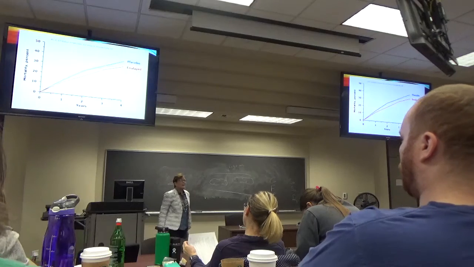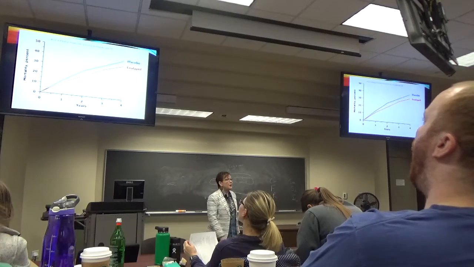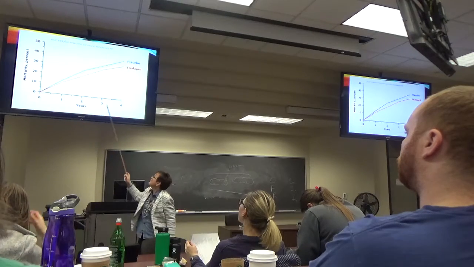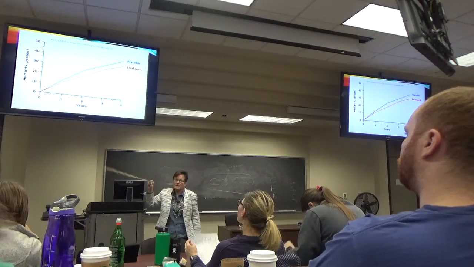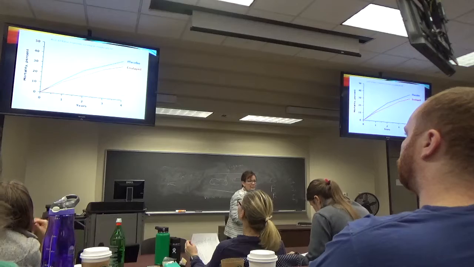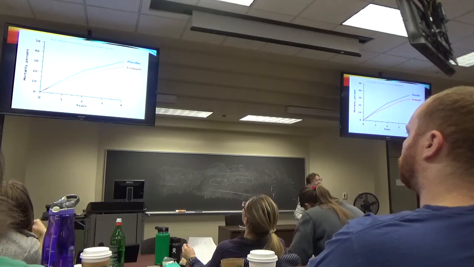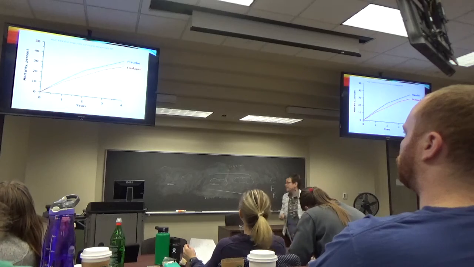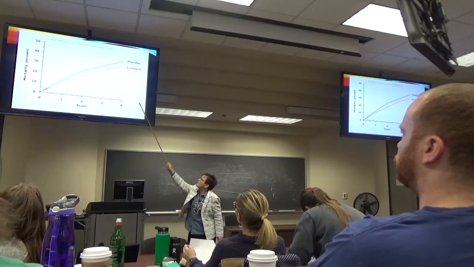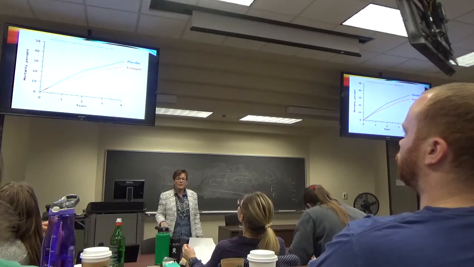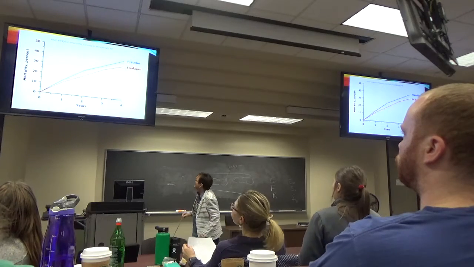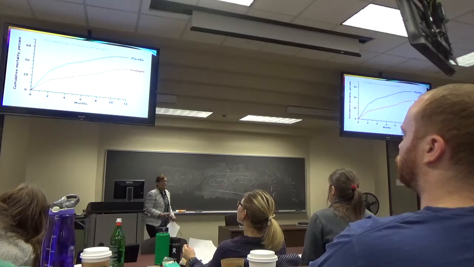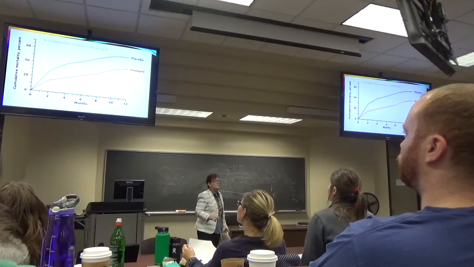ACE inhibitor improves survival in moderate heart failure. Again, here's your mortality percent, and here's your years out. On placebo, what's the mortality percent? 40 to 50% at 4 years. What does enalapril reduce it to? 36, 37. Here's an advanced heart failure.